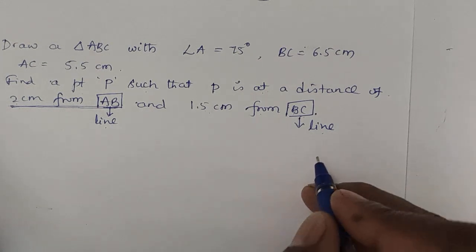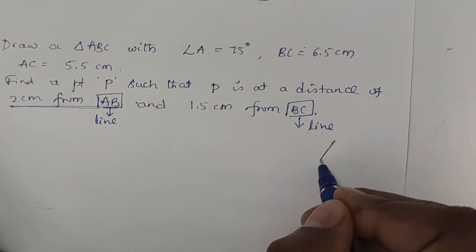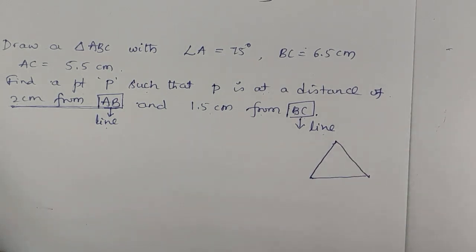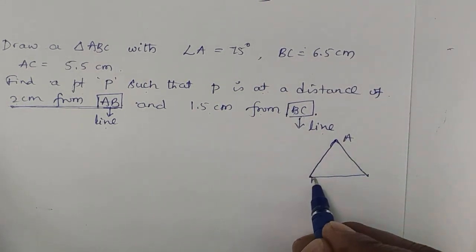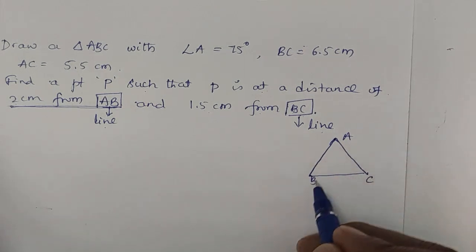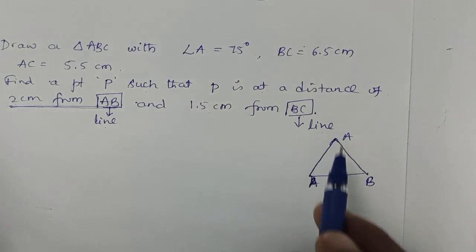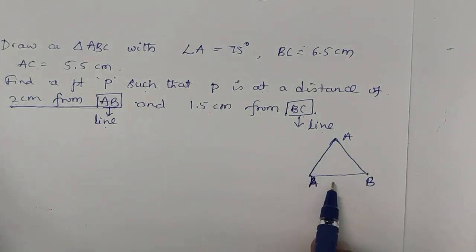Use scale, pencil and compasses. Don't use a pen. I use a pen only here, just for good visibility in the online class. First mark triangle ABC, angle A. I better mark angle A here, because angle A is given. Which angle is given? That angle, make it at the base.